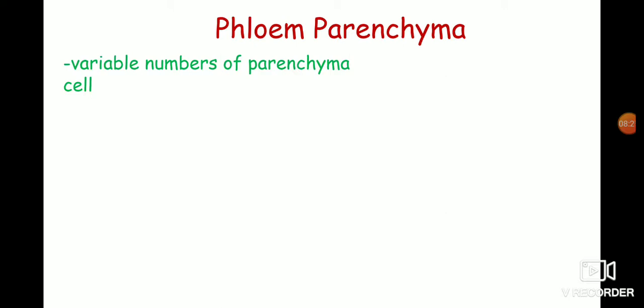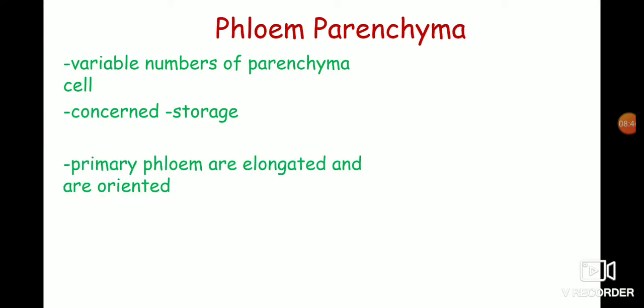The phloem contains a variable number of parenchyma cells other than the companion cells. They have the characteristics of other living parenchyma cells as they store starch, fat and other organic food materials, and they also accumulate the tannins and the resins.